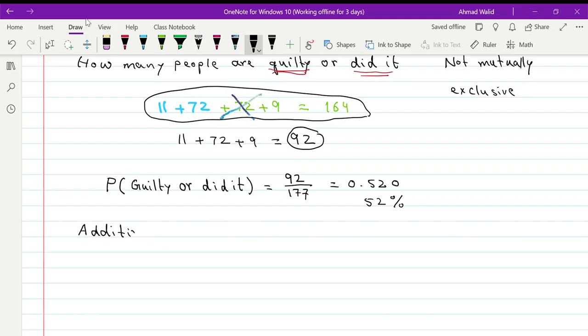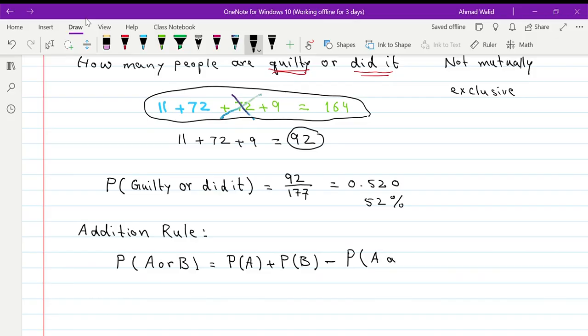Addition rule: P of A or B equals P of A plus P of B minus double count, which the notation is P of A and B. This is your double count.